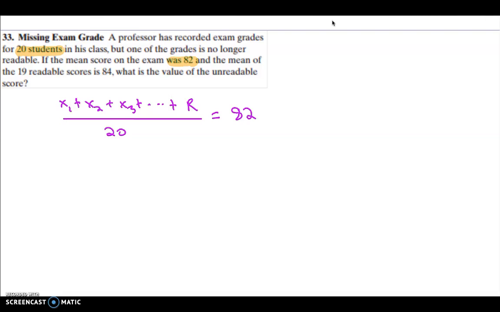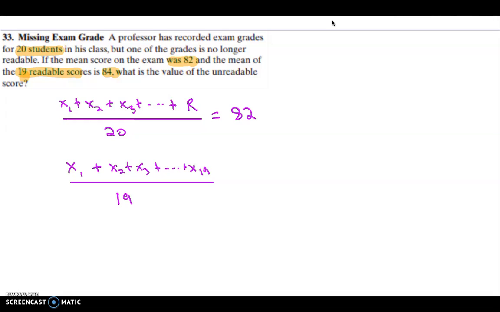Again, you add up all of the different values, all 20, divided by however many there are, which is 20 in this case, and that equals our mean. Then the next thing says the mean of the 19 readable scores is 84. So he takes the first plus the second plus the third, on up to the 19th, and divides that by 19.